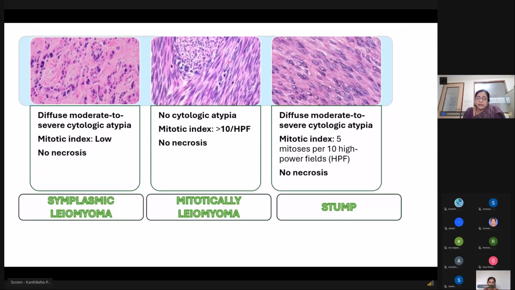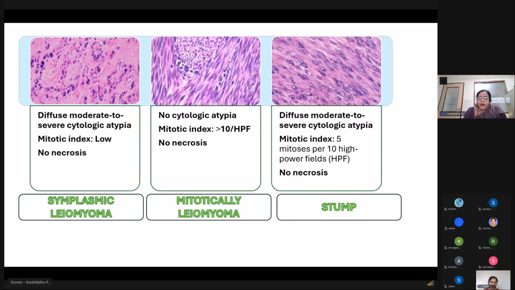However, it has arisen in a leiomyoma, as there is a malignant transformation in a leiomyoma, which is a rare entity. So just to show the difference: when there is diffuse nuclear atypia, but no increase in mitosis and no necrosis, we call it a symplastic leiomyoma.